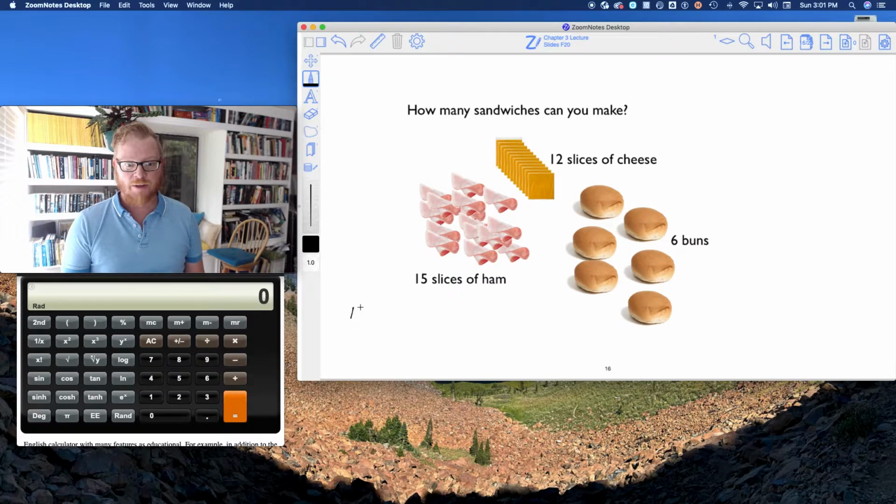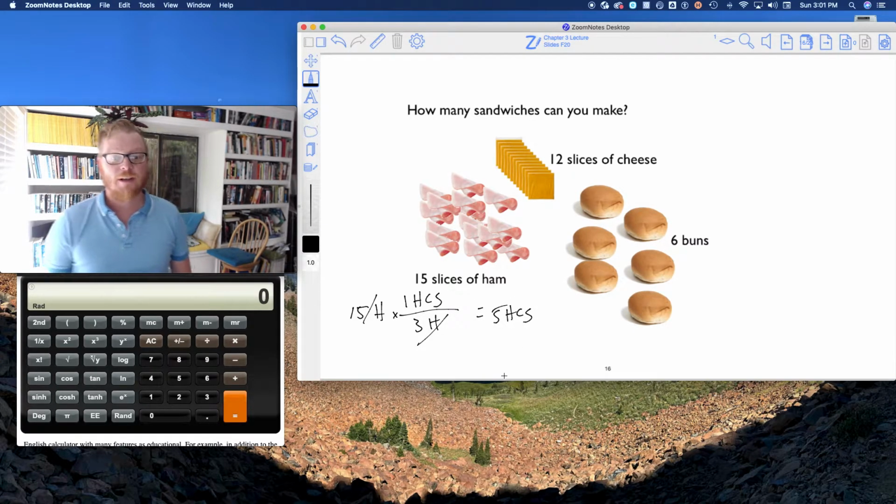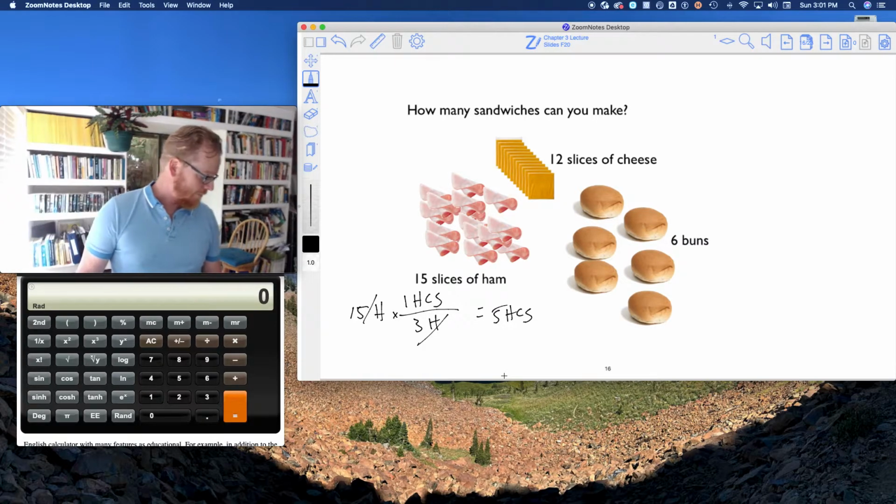So we know we have 15 hams, okay? And my perfect stoichiometric proportions told me I needed 3 hams per 1 ham cheese sandwich, right? So the ham and the ham cancels, and what I'm left with is I could make up to 5 ham and cheese sandwiches just based on the ham, right?